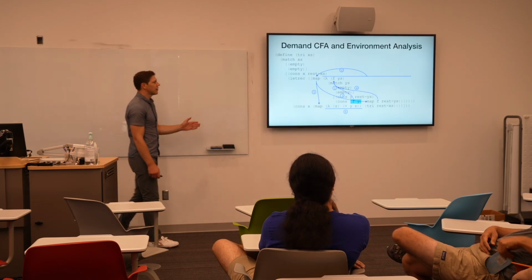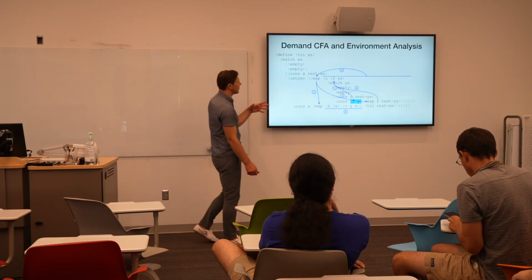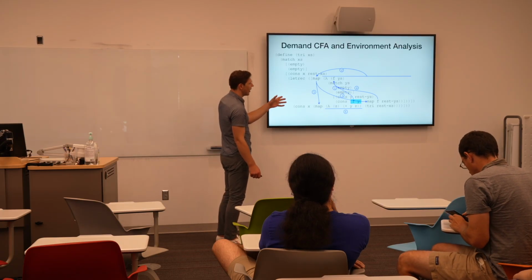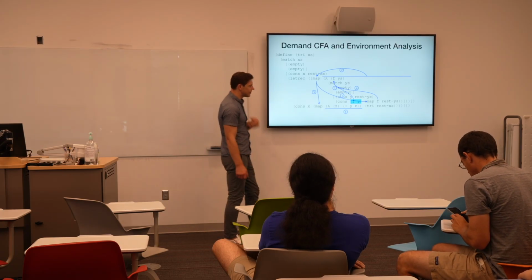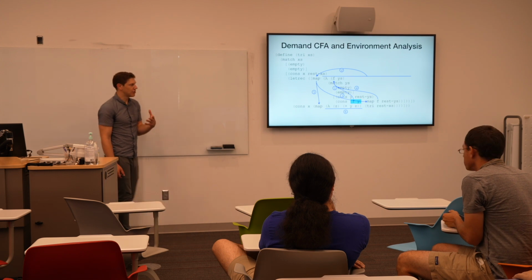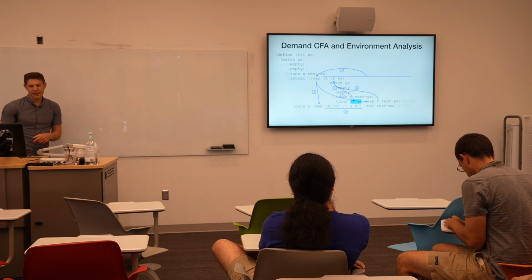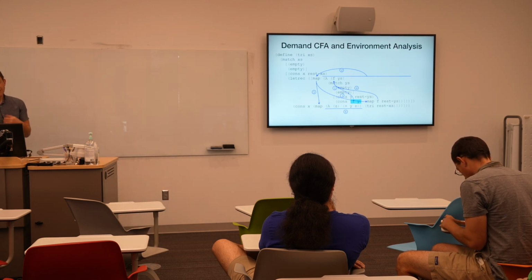We have a theory that's built into demand CFA where we can do that. And you can justify this. It's so obvious to us that you should be able to inline here, and the theory that we have justifies it.